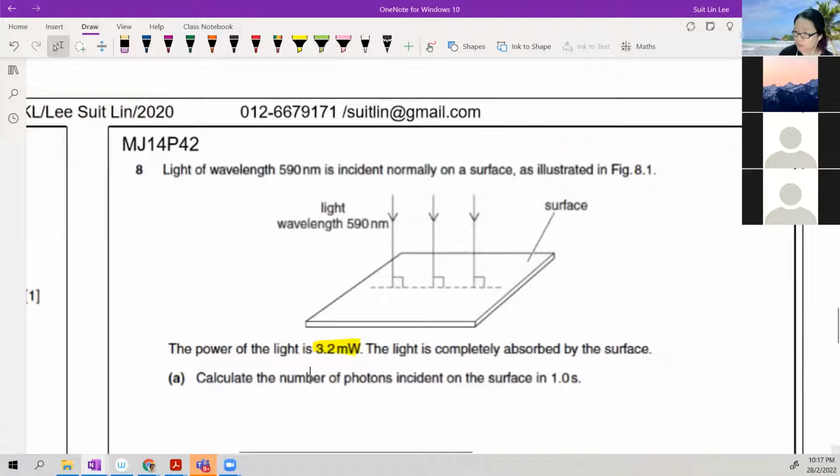This is page number 9. Light is completely absorbed by the surface. Calculate the number of photons incident in 1 second. So all I have is lambda and power. Power, P, not the de Broglie momentum, okay?